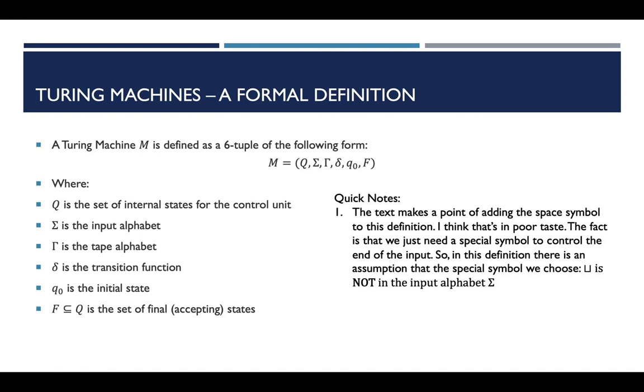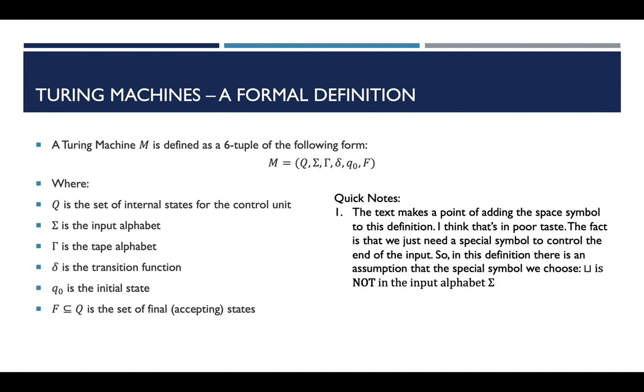The first note is that the textbook itself actually represents a Turing machine as a 7-tuple and includes the symbol that they choose to be what we call the space, or the special character at the end of the input last time. Personally, I think that is not super great. We shouldn't necessarily include that symbol as part of the design of the machine.